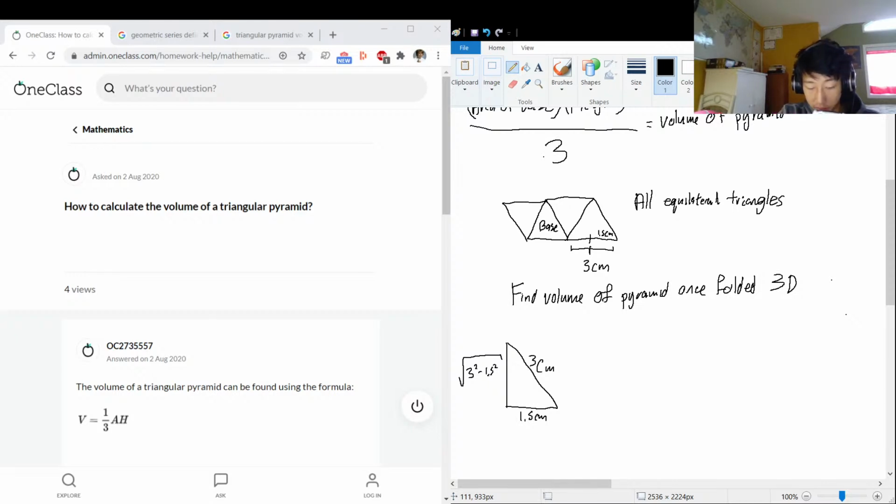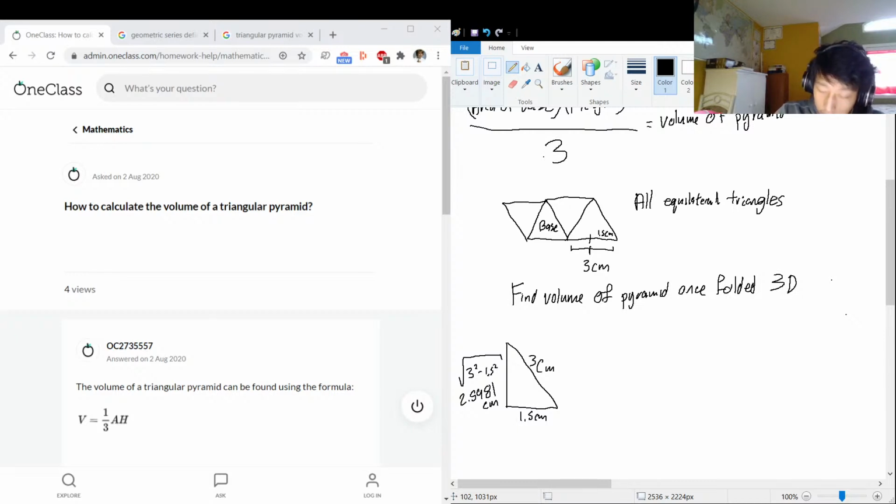So that is equal to 2.5981, just about, centimeters.